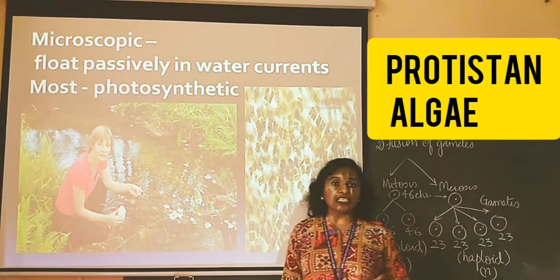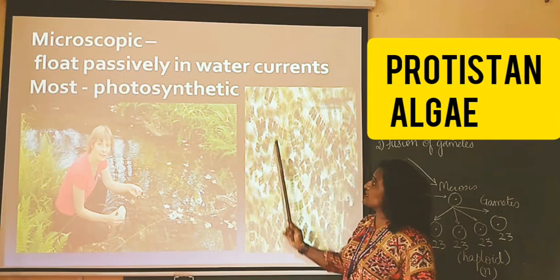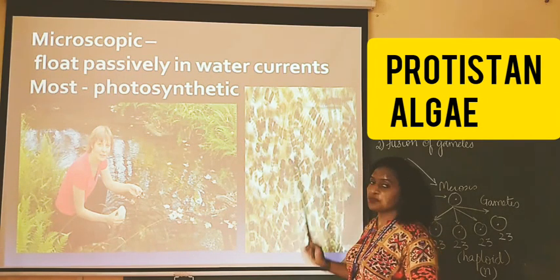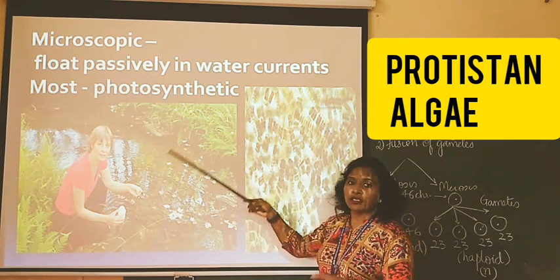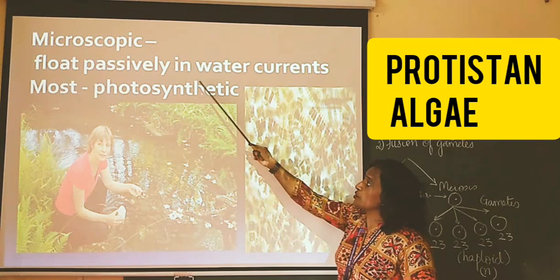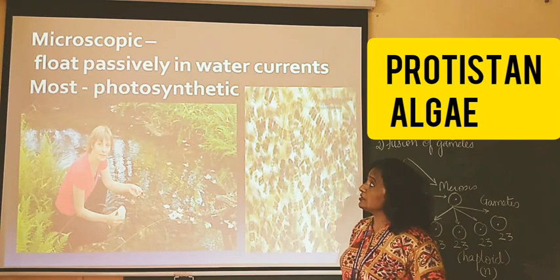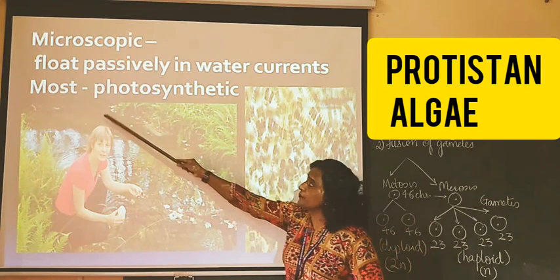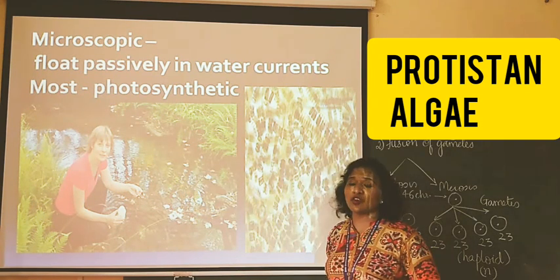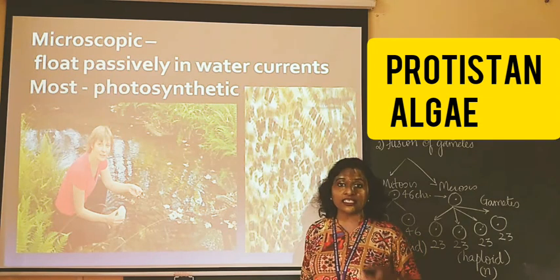As we discussed earlier, they are microscopic. There is no expenditure of any energy for movement, so they float passively along with the water currents, in marine as well as fresh water, and most of these organisms are photosynthetic in nature.